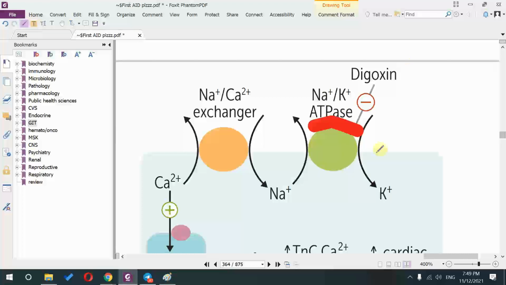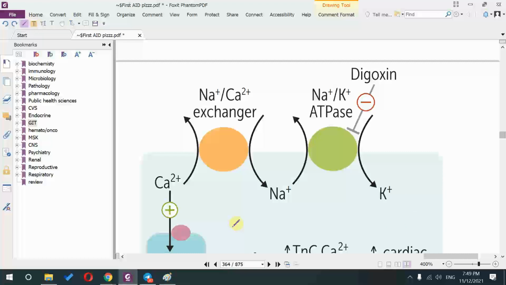So it's pushing against the gradient, not with the gradient, because it has an ATPase. Because you need to keep potassium inside. How can you keep potassium inside if you will not use an ATPase? So exactly, that's how you maintain the membrane potential.